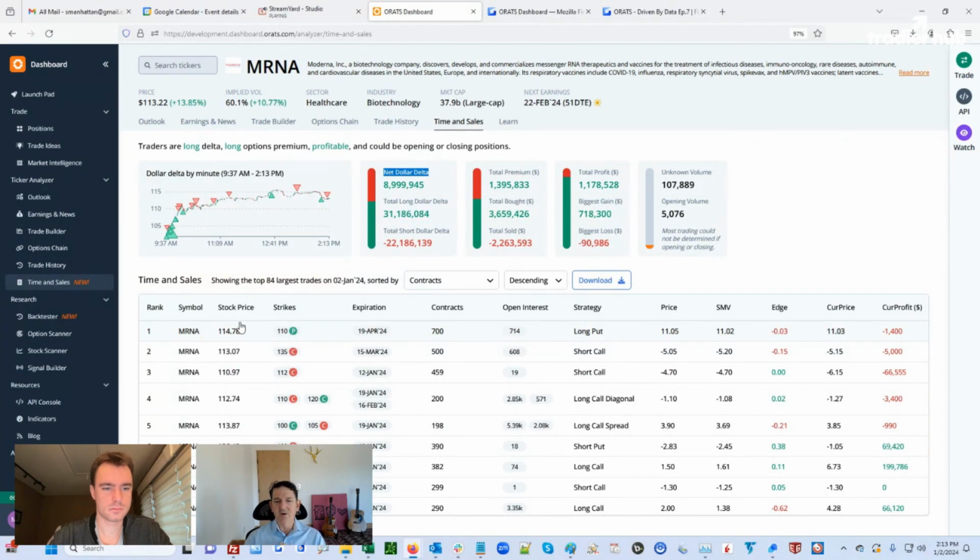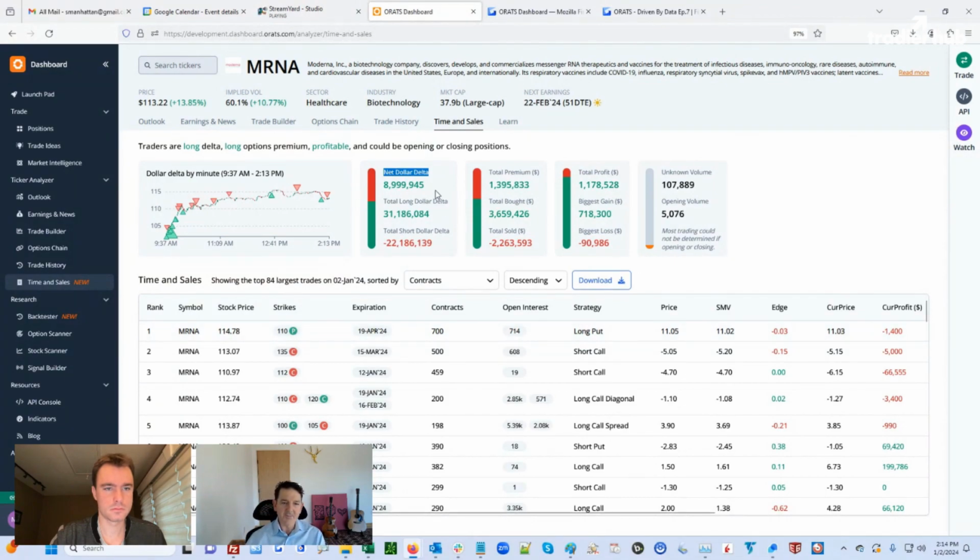So what traders do, and we've looked at dollar delta since I was a market maker, is we'll just multiply the delta of the trade times the stock price, and that's a pretty good way of normalizing what's trading a lot.